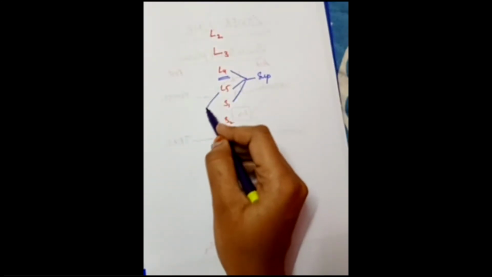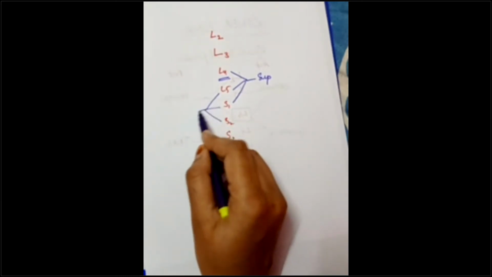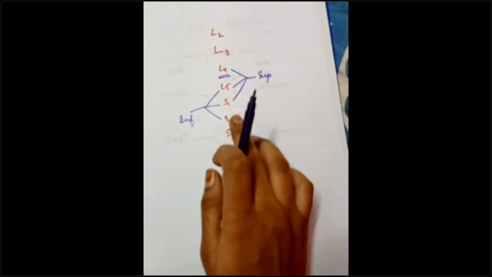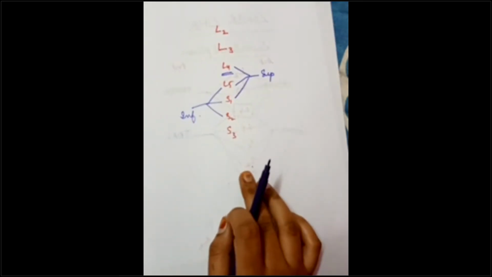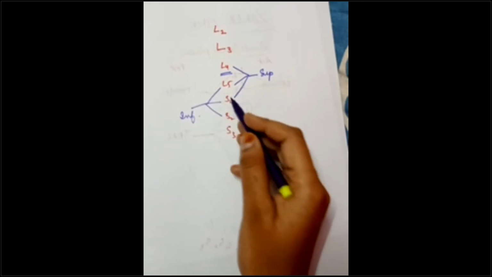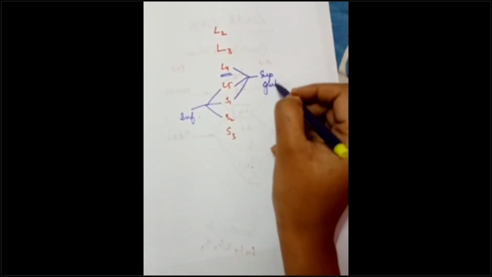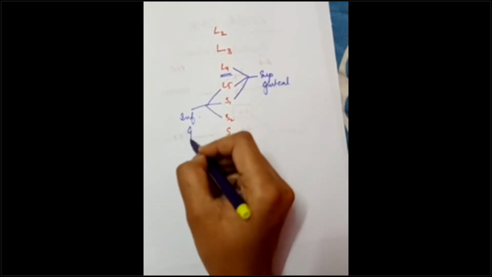Move a little bit below for inferior gluteal: L5, S1, S2. L4, I told you, the star of the show is L4. Again go to L4. L4, L5, S1 is your superior gluteal. L5, S1, S2 is your inferior gluteal.